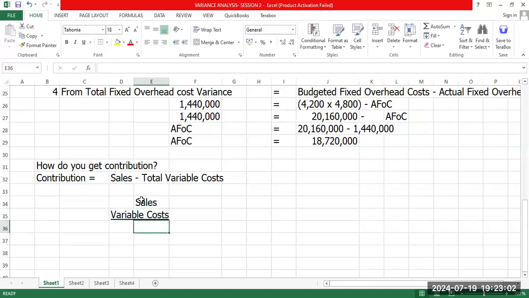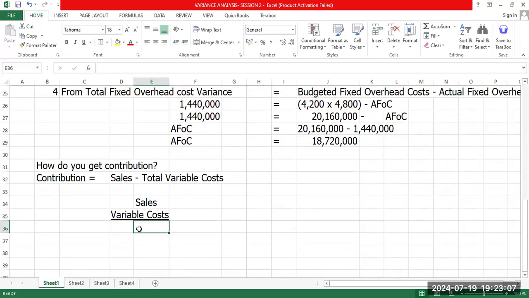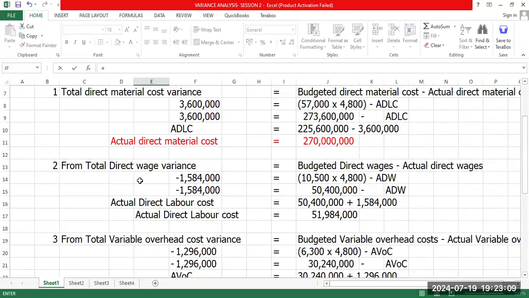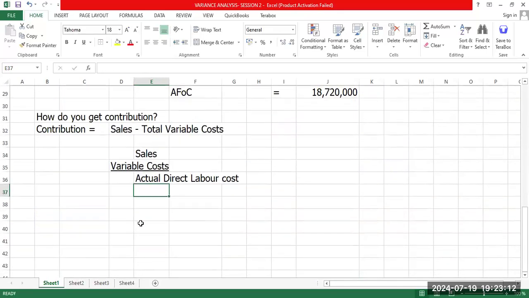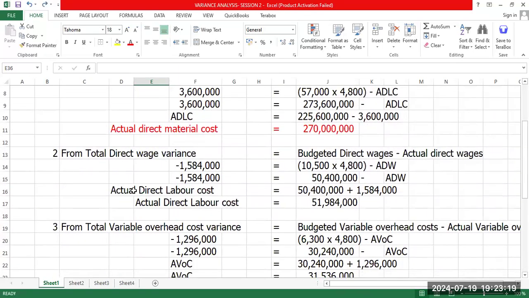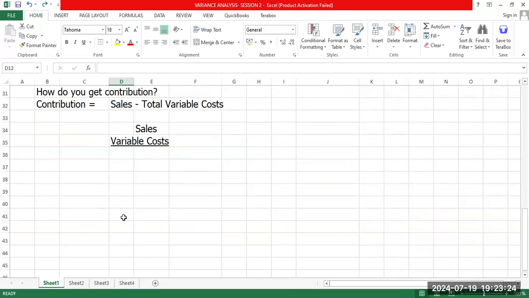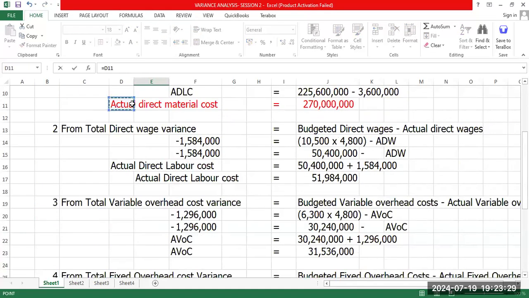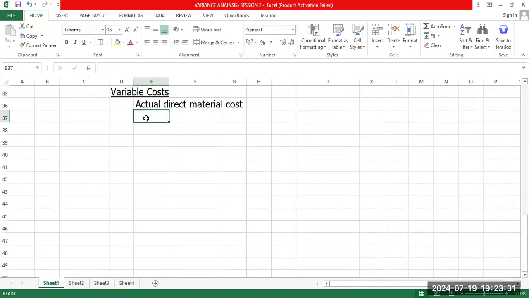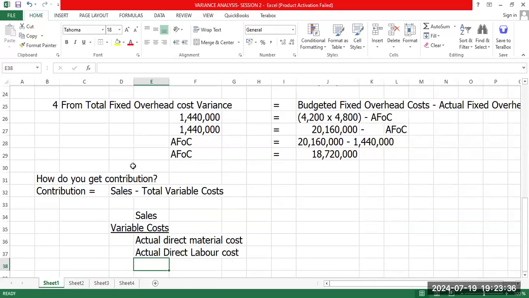Then you are going to list what we have here: actual direct, no, we start with materials. We can start with actual direct materials. Then we also put actual direct labor cost.